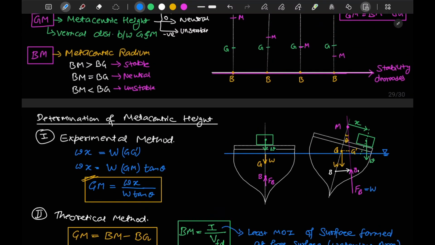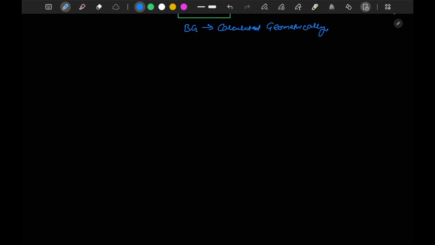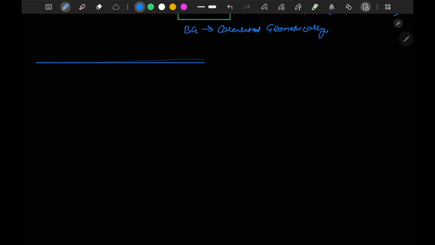Now let's talk about your ship in water. Let me draw a ship first. Let's say this is your free water line.